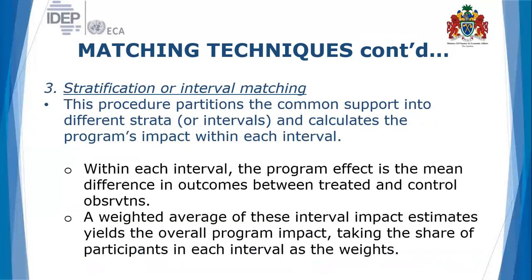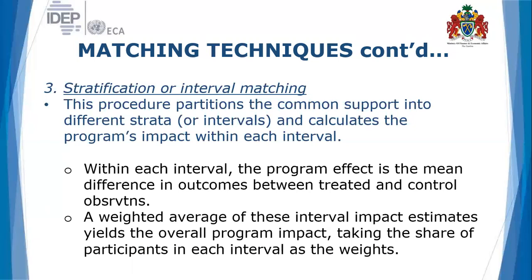Another technique is stratification or interval matching. This procedure partitions the common support into different strata or intervals and calculates the program's impact within each interval or stratum. Within each interval, the program effect is the mean difference in outcomes between treated and control observations.